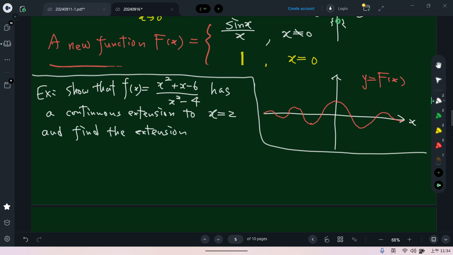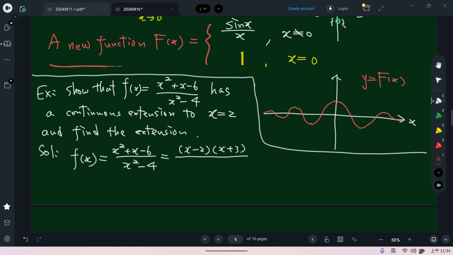Okay. So based on this, you can try to simplify this rational function. The original rational function is this one, right? We can factorize it, becoming x minus 2 times x plus 3 over x minus 2 times x plus 2.